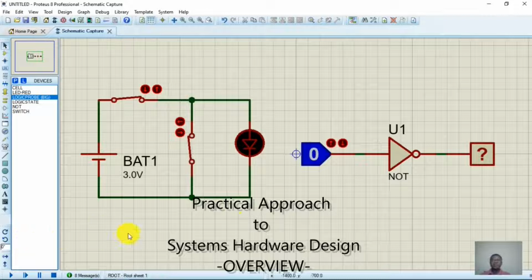So now let's run the simulation and see.